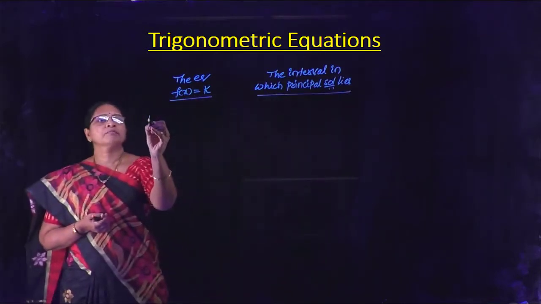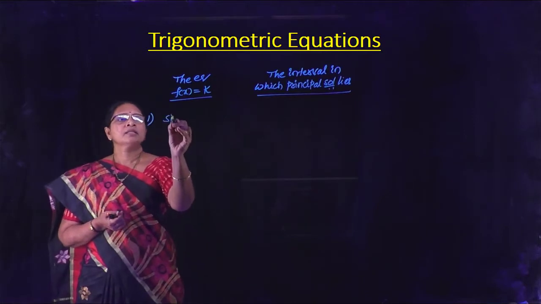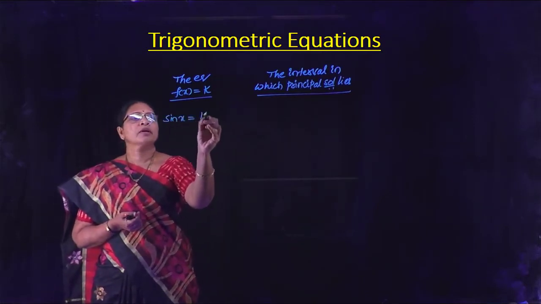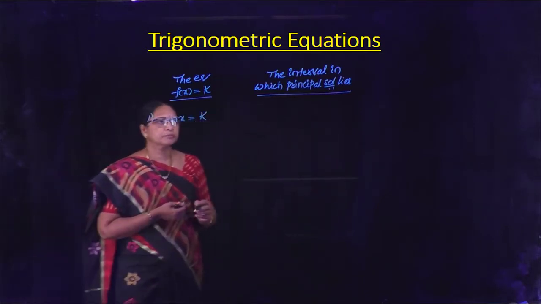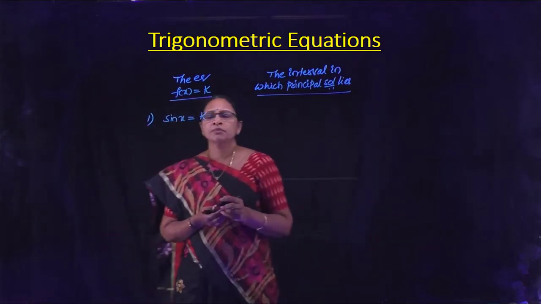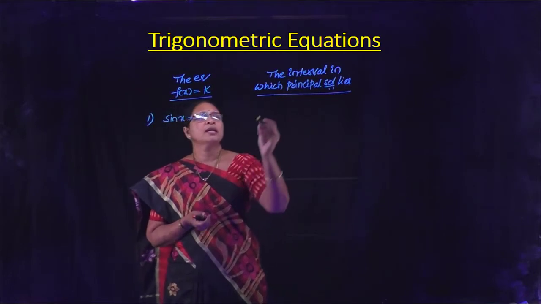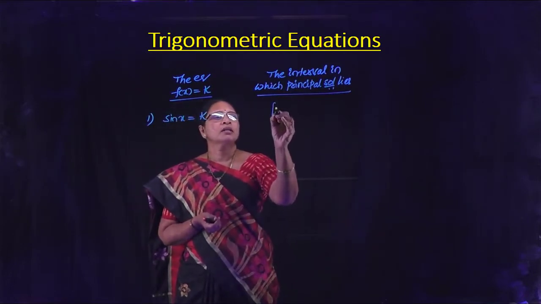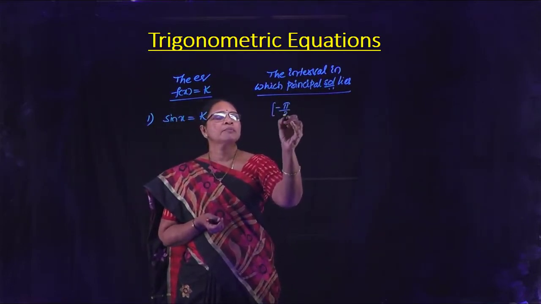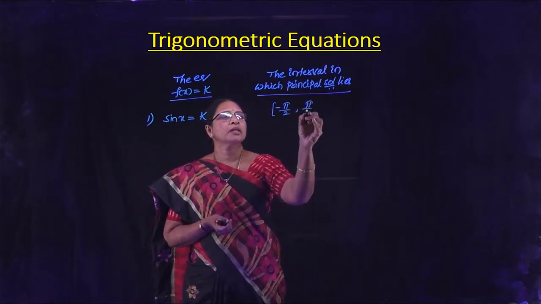Number 1: if sin x is equal to k, the principal solution lies in the closed interval minus pi by 2 comma plus pi by 2.